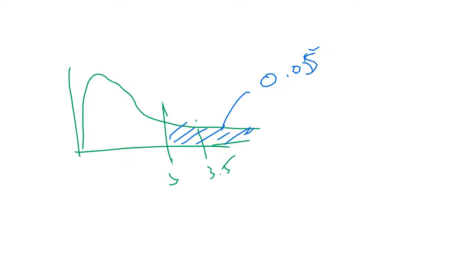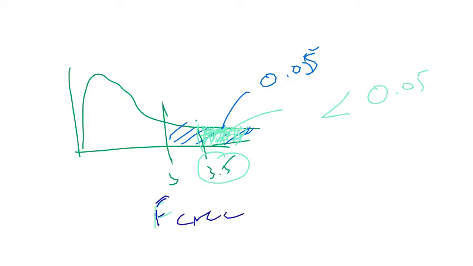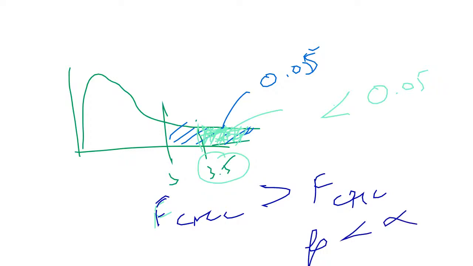Therefore, this value is something that is less than 0.05. Obviously, because my F calculated value is greater than F critical, this is nothing but p is less than alpha.